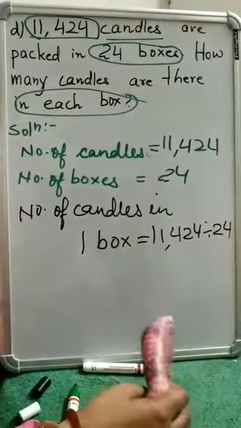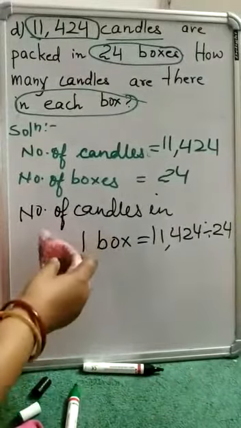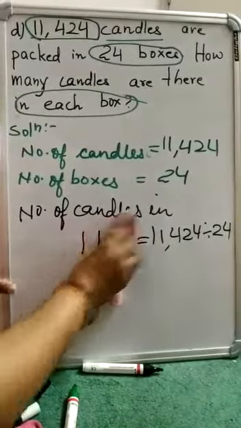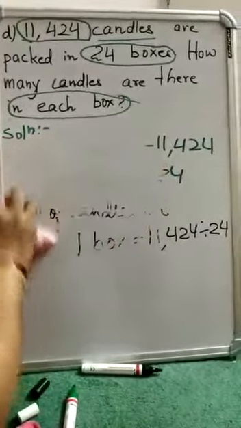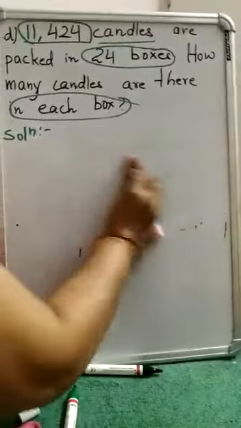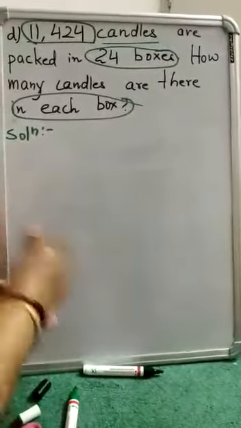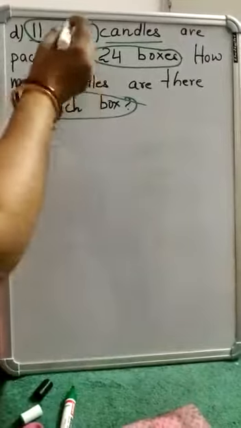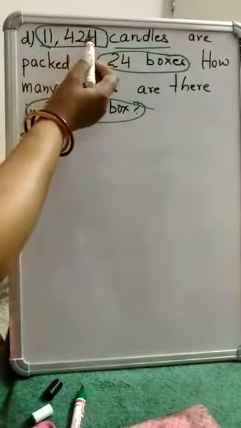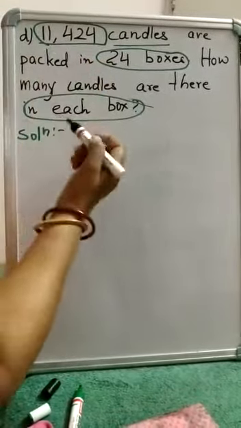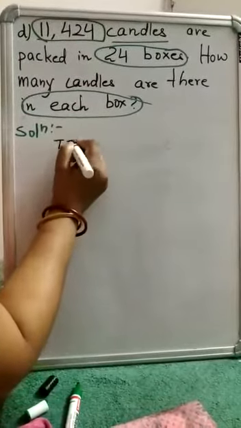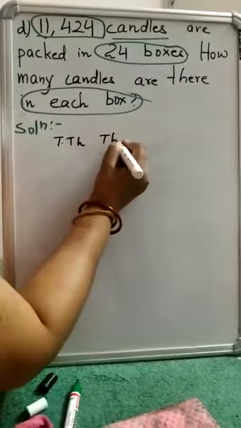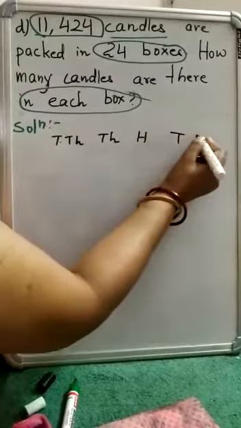Now let us divide it. How many digits are there in 11,424? 1, 2, 3, 4, 5. 5 digits. So I will start with ten-thousands, thousands, hundreds, tens, ones.